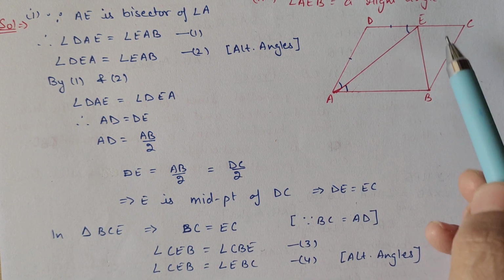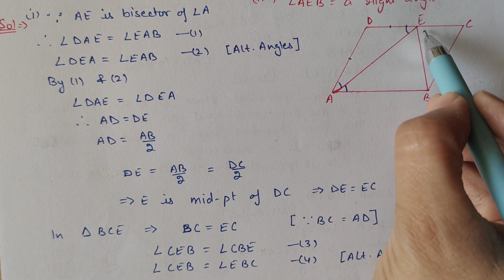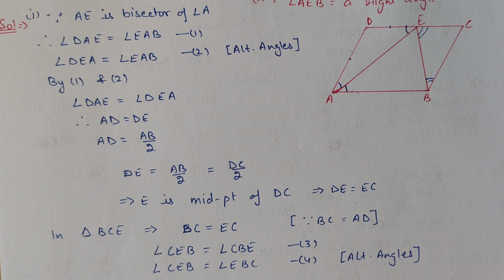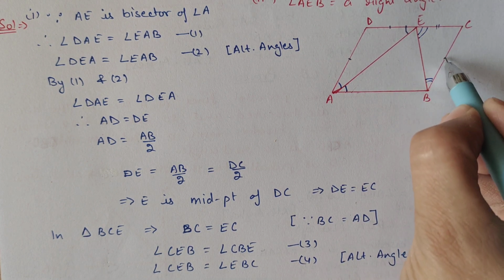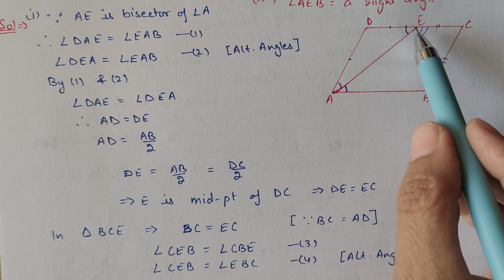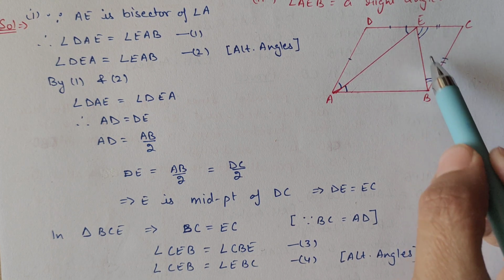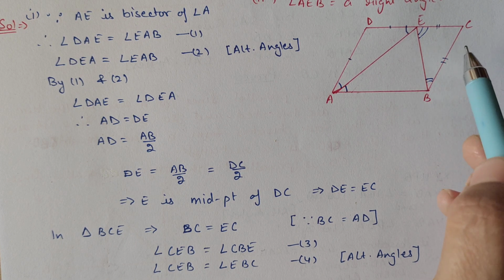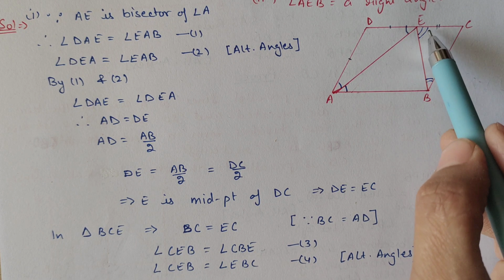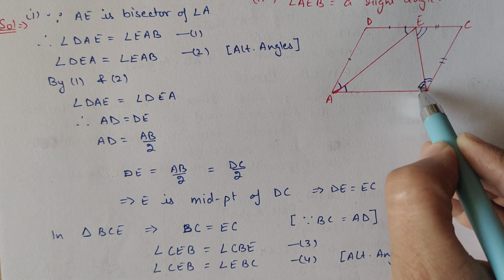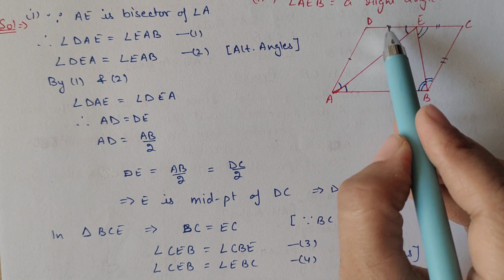Next, if these two sides are equal, it means this angle and this angle are equal. Because these two sides are equal, these two angles also will be equal, because these are the corresponding angles for the equal sides. After this we will show that this angle and this angle are also equal because these are alternate angles.